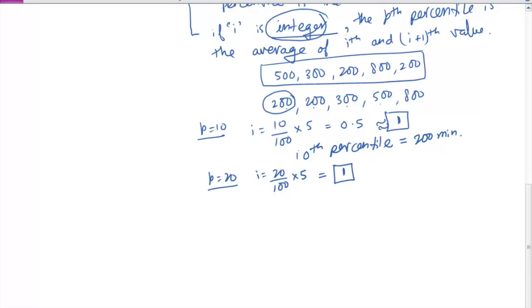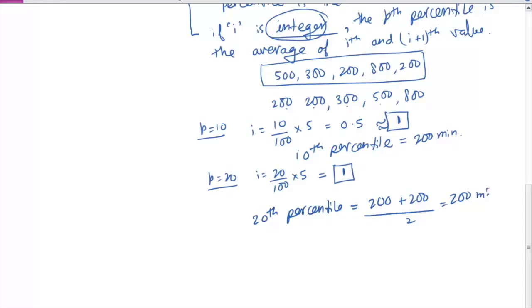That means the first and second value, which are both 200. So your 20th percentile is the average of the two, which is 200. So this is still 200 minutes. It need not be the case all the time; it might be a different value for different data sets.